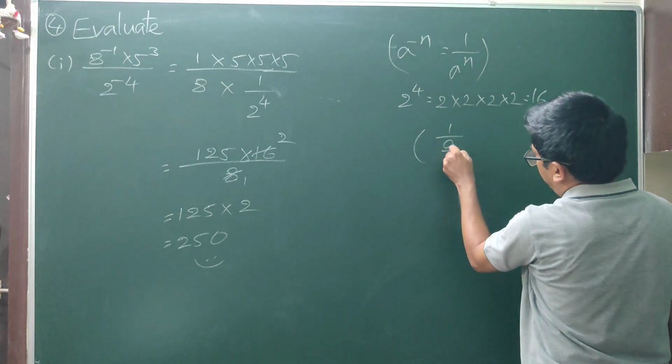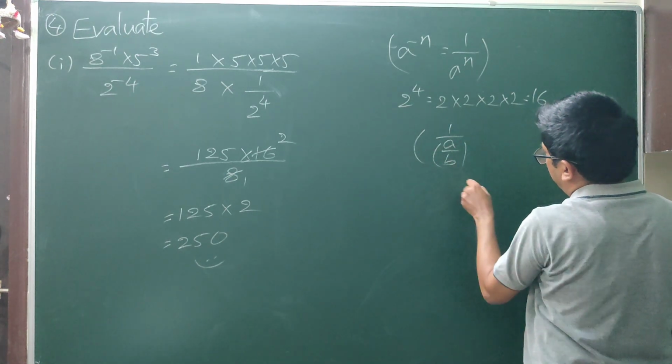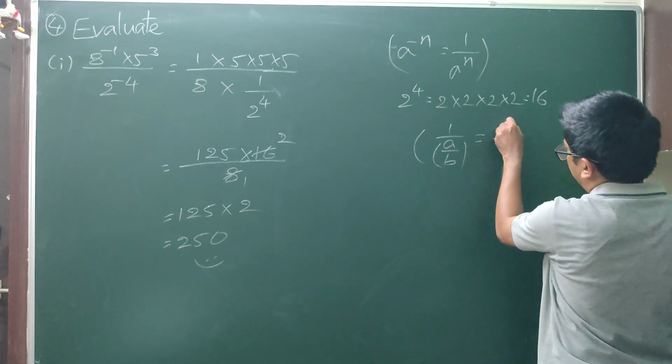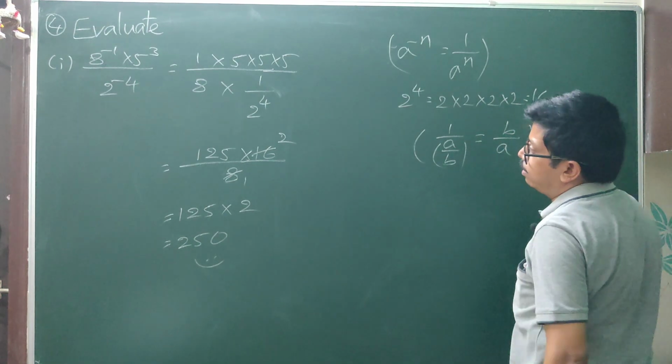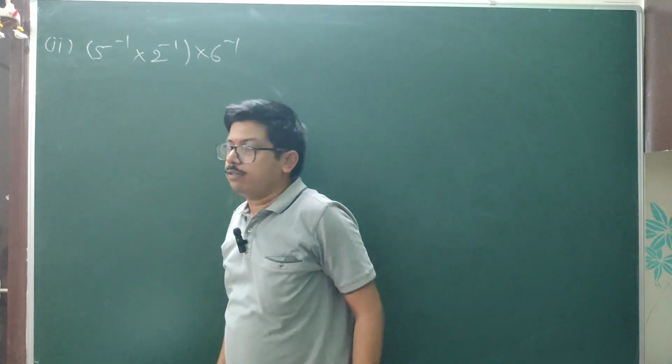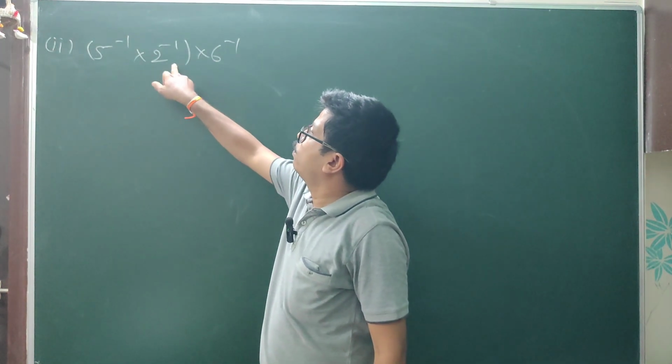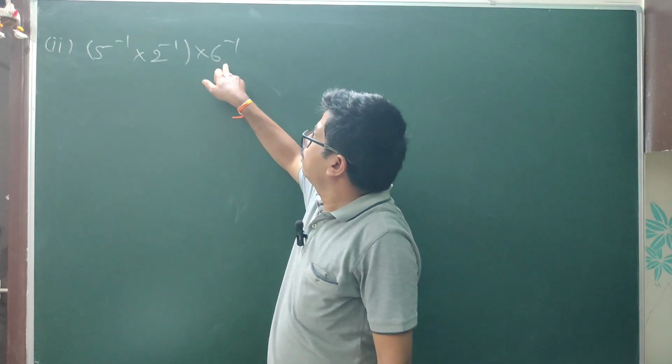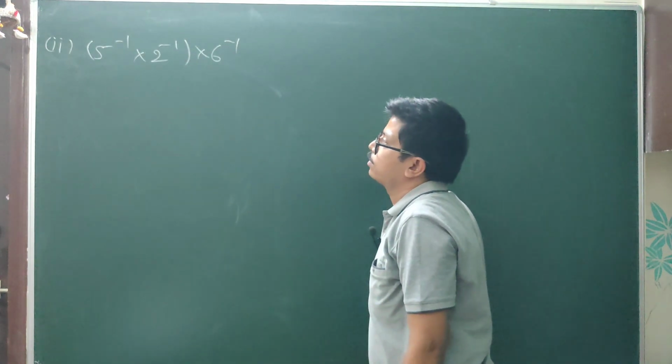Now let us write a formula. 1 by a by b equal to b by a. Using this one, you have written. So second question, 5 power minus 1 into 2 power minus 1 into 6 power minus 1.